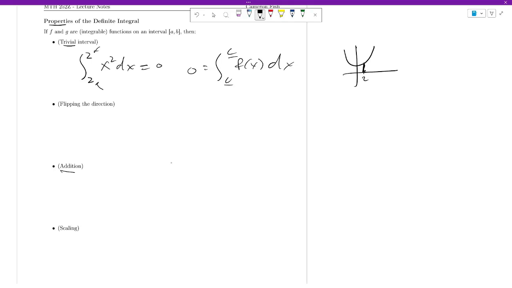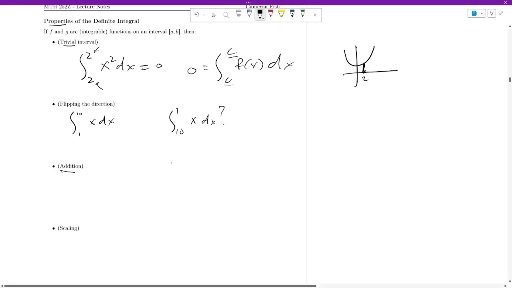Okay, next one is flipping the direction. This is talking about if I do the integral from 1 to 10 of my function, what would happen if I tried to do the integral from 10 to 1 of my same function? Would that make sense? In my examples, I've just been going from left to right always. Basically, yes.